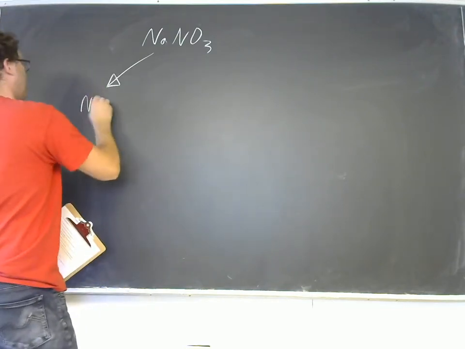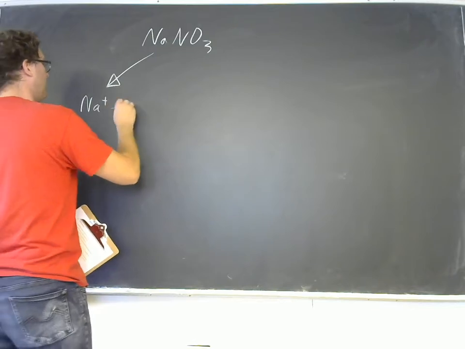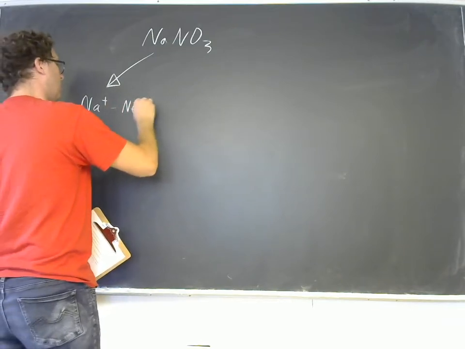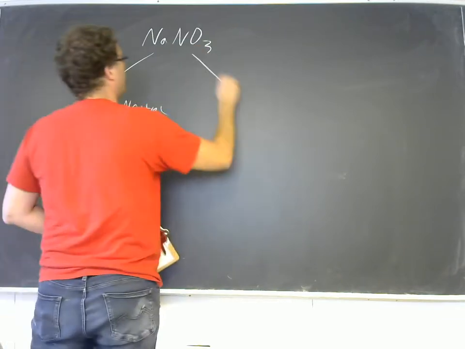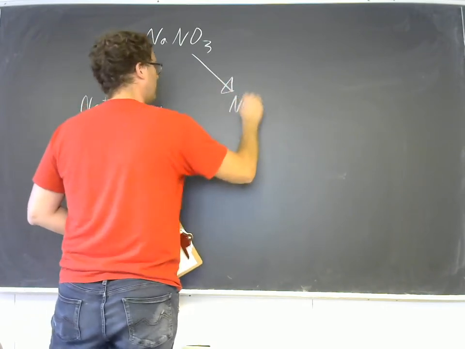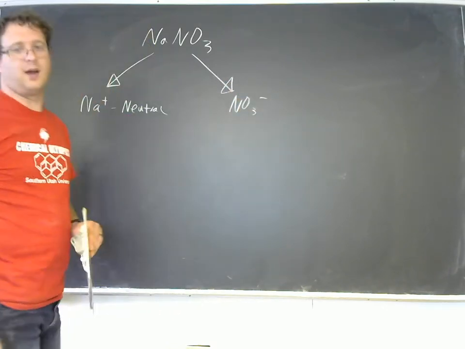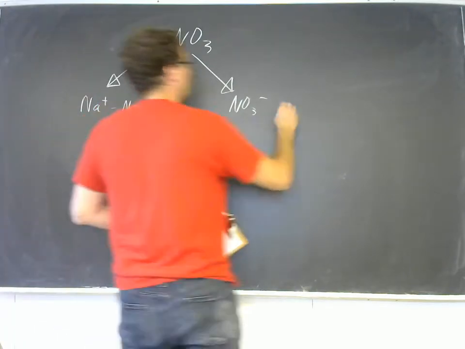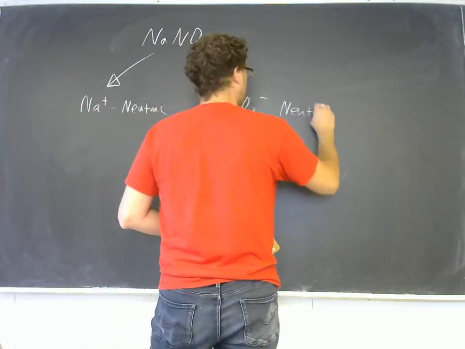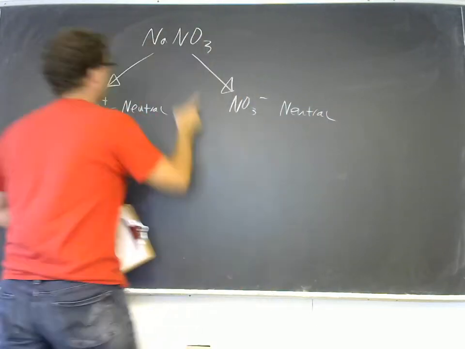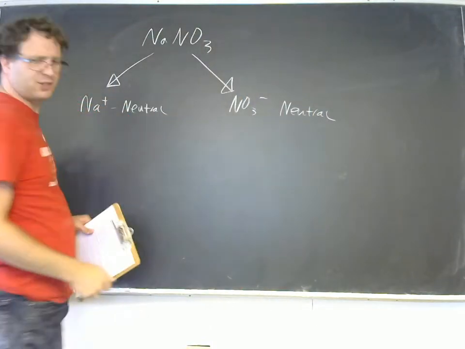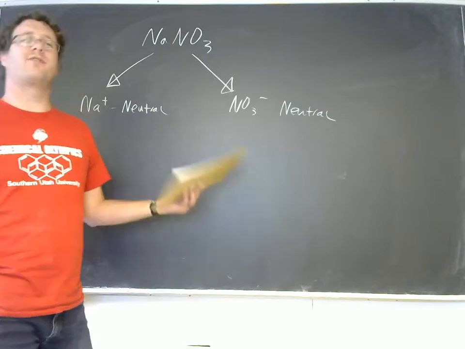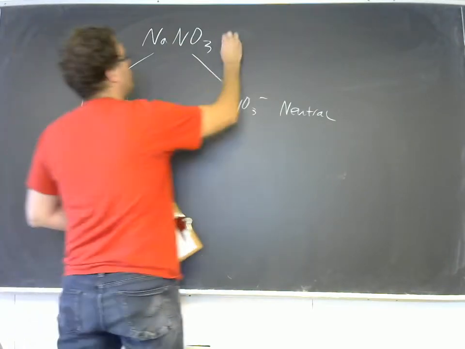So Na+ is neutral. And then NO3- is the conjugate to a strong acid, nitric acid, so it is also neutral. And that means that sodium nitrate overall will have no effect on the pH. It is neutral overall.